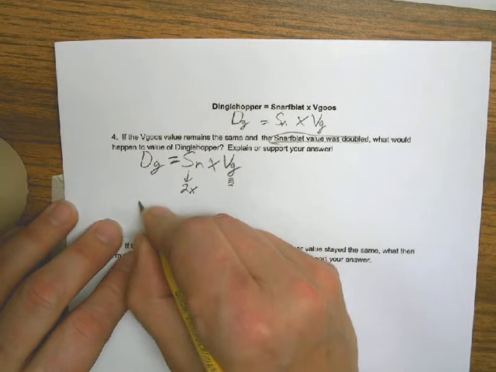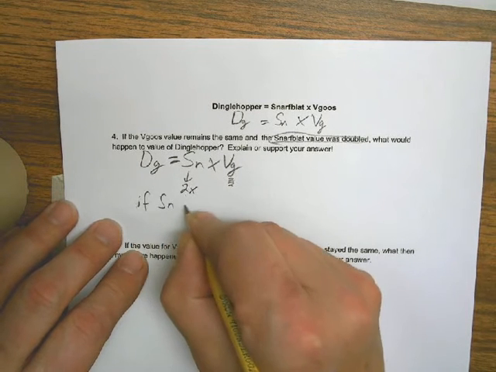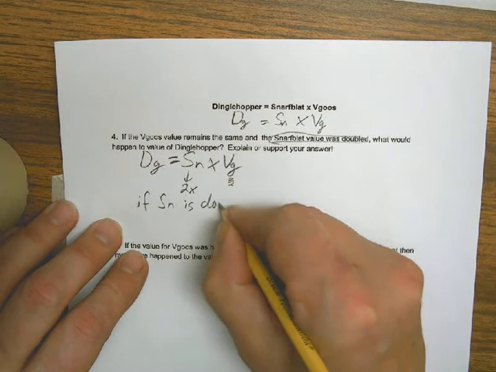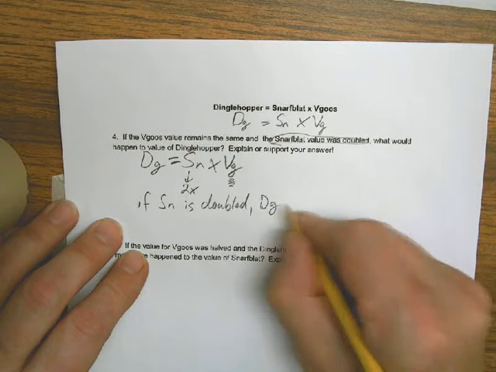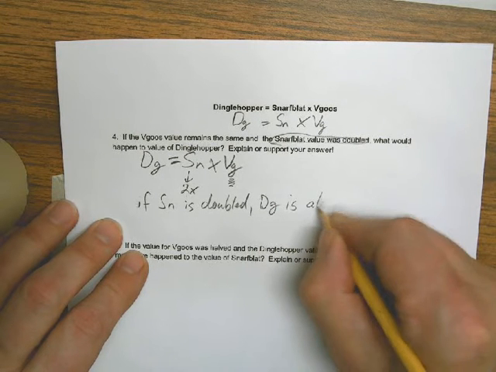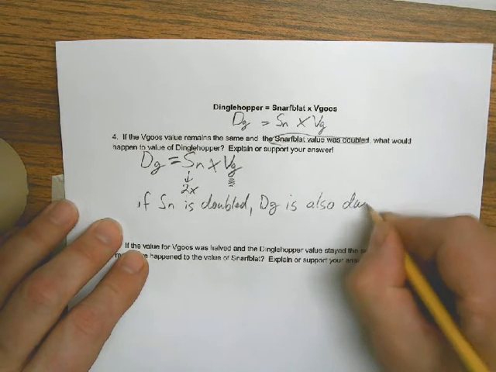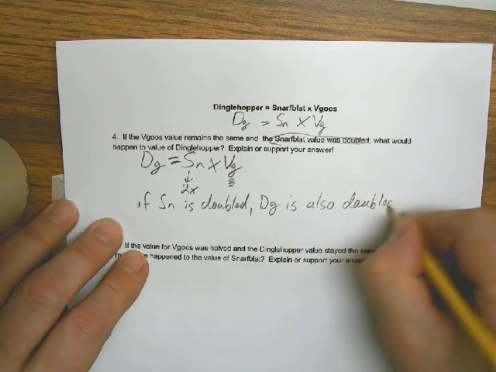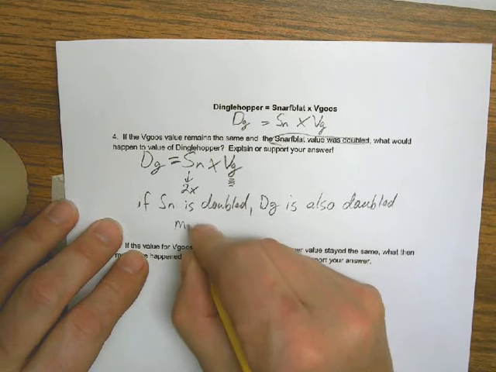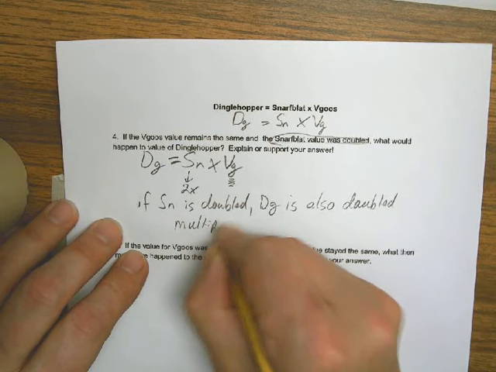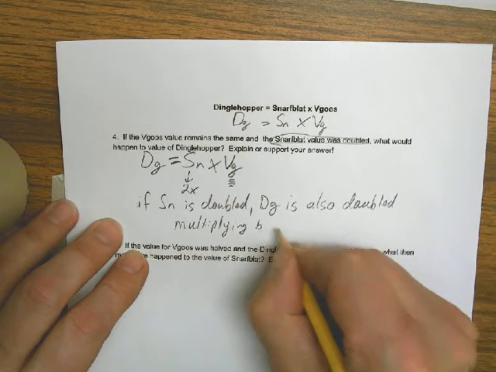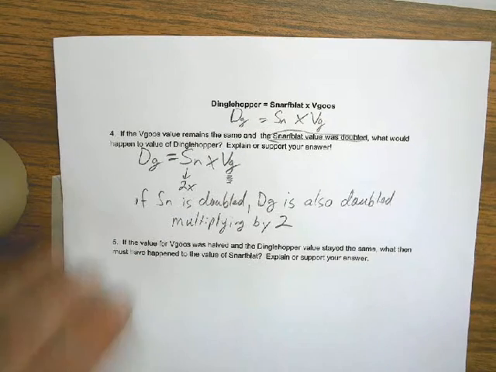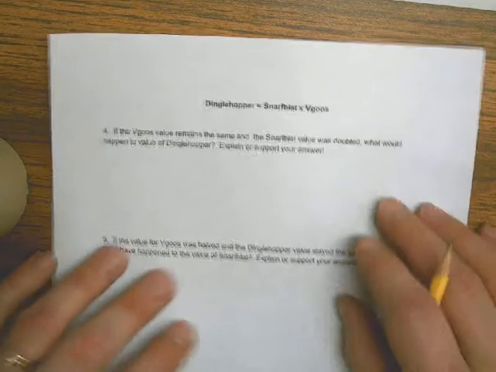Or you could write it out: if Sn is doubled, then dg is also doubled, because you are multiplying it by 2.